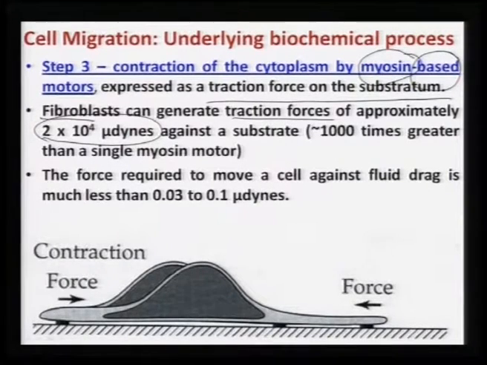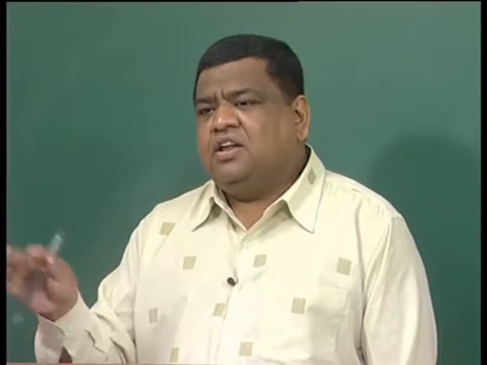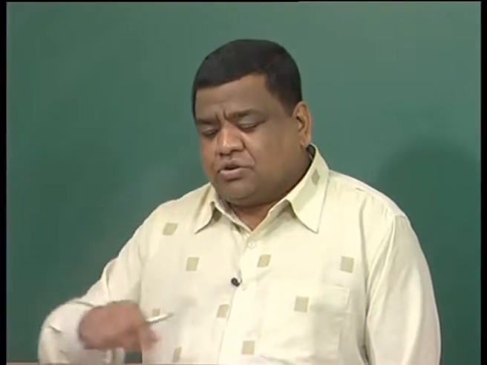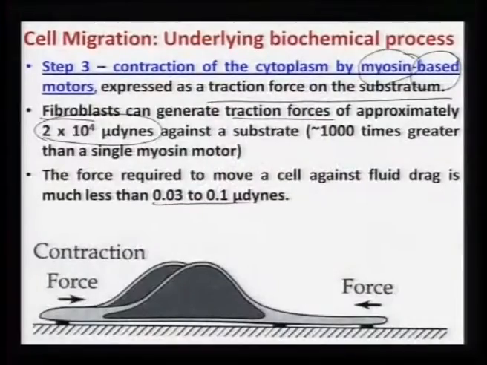Fluid drag means, for example, blood cells, which always move in the blood stream. That is in a fluid drag. There you require even 0.03 to 0.1 microdyne, which is much less. That means at least 1 into 10 to the power minus 7 dynes is the force a cell would typically experience.